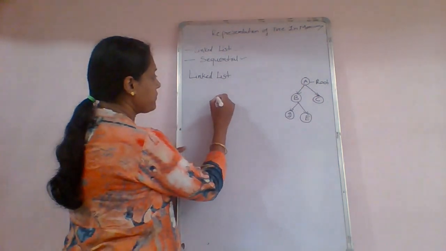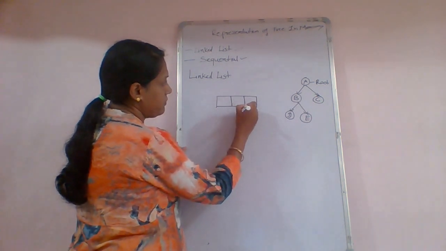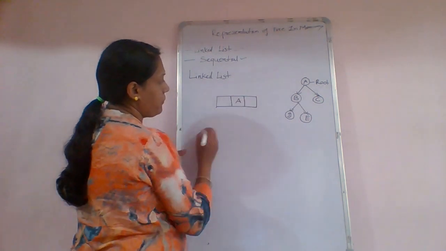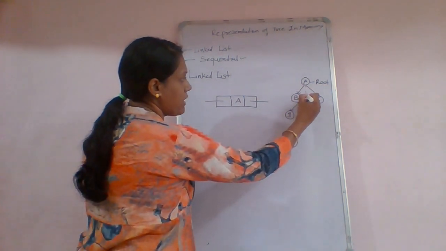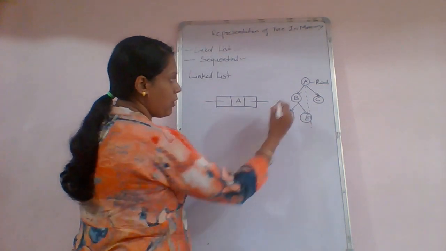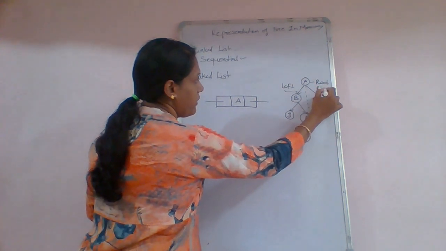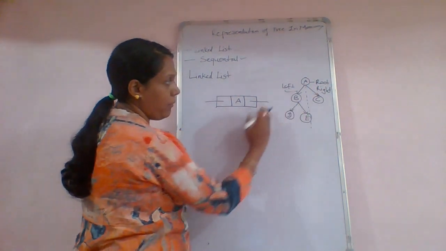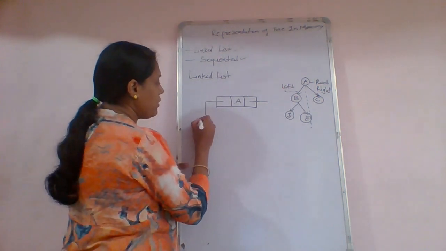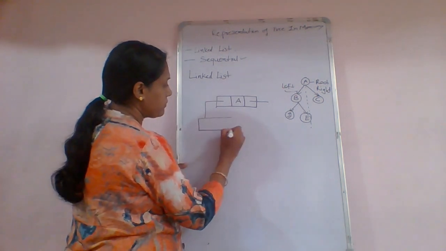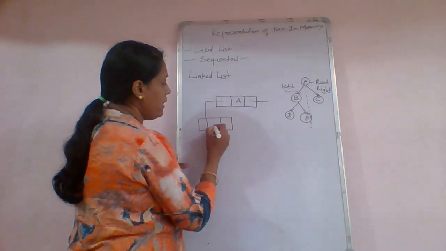Now see, A is the root. From the root A, there are two subtrees. This is called the left subtree and this is called the right subtree. There is a left part of the tree and a right part of the tree. From the left, which node is there?